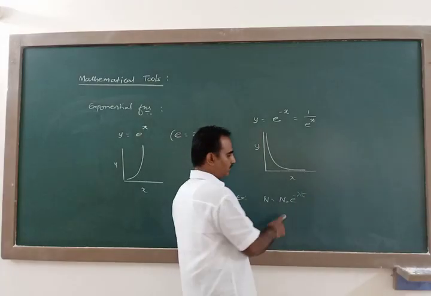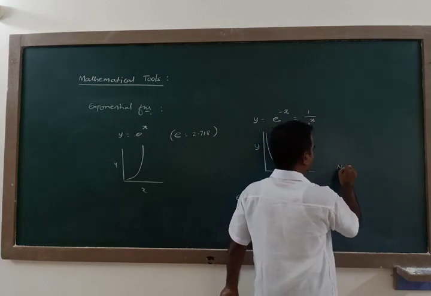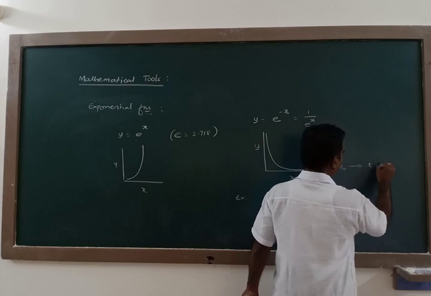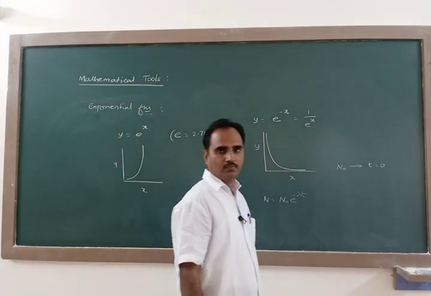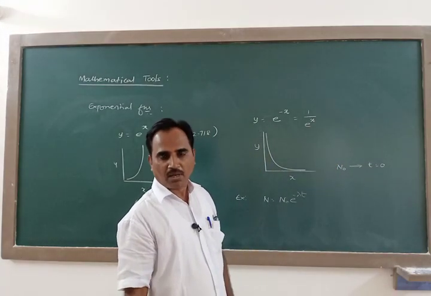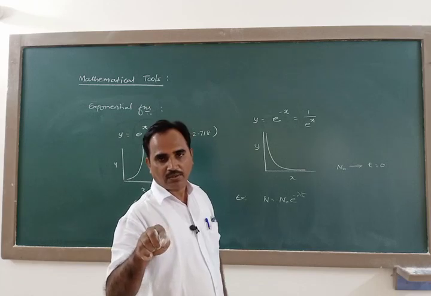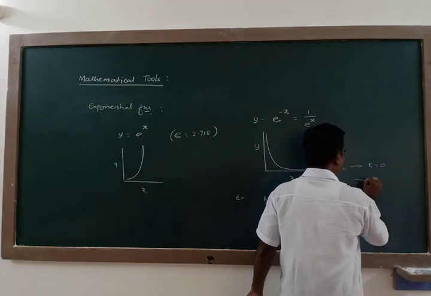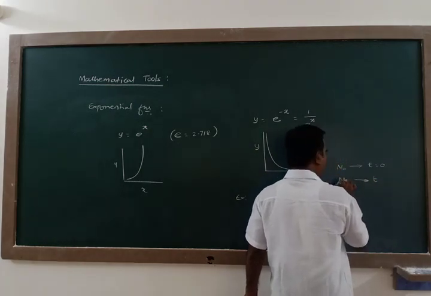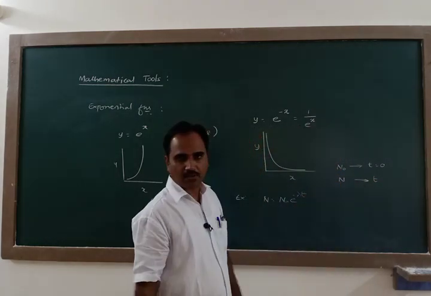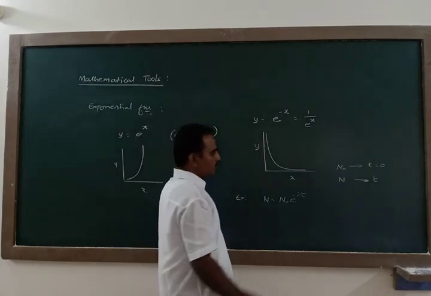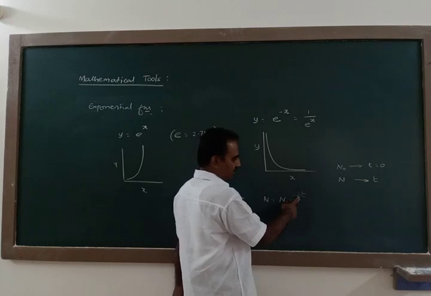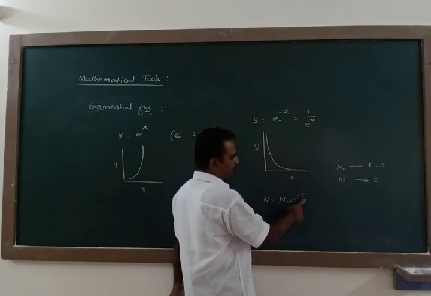In this expression, n naught is the number of nuclei in the radioactive sample at t equal to 0, the number of parent nuclei. After time t, the number of parent nuclei present is given by this equation. So n naught is a constant, lambda is the decay constant, and t is time.